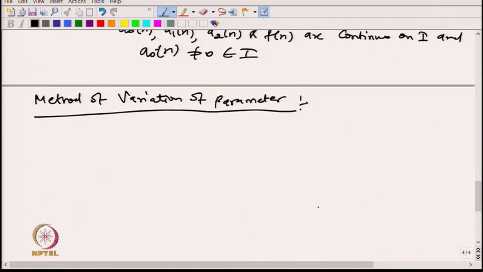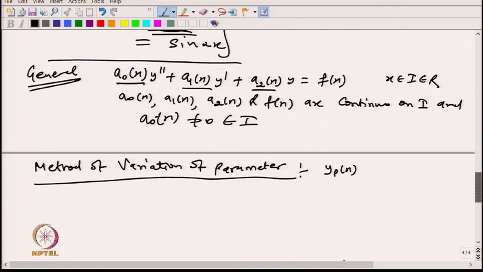So, this method is used to find a particular solution of the equation. Let us give it a name: equation number 1. So, this method of variation of parameters is used to find the particular solution of the general equation 1.